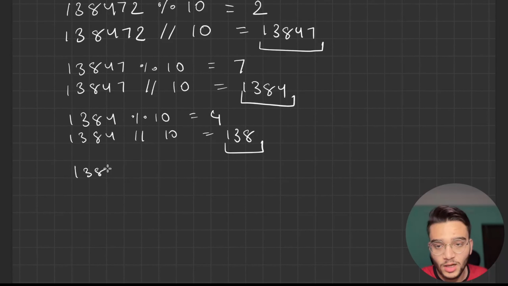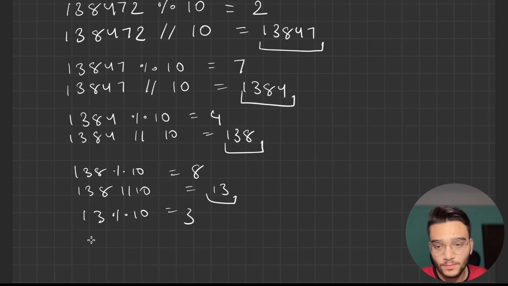You say 138 modulo 10 equals to 8, and 138 integer division 10 becomes 13. Okay, then you say 13 modulo 10, which becomes 3, and 13 integer division by 10, which becomes 1.